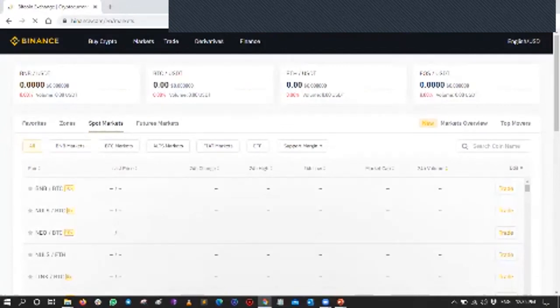It's still loading. Okay. Come on, load. Okay, so this is where you see the market pair now. There you can select the market pair in terms of the digital asset that you want to trade. Good. So yes, loaded now.